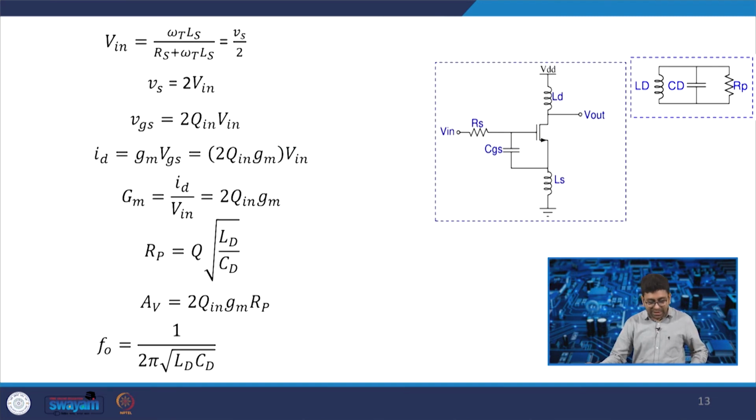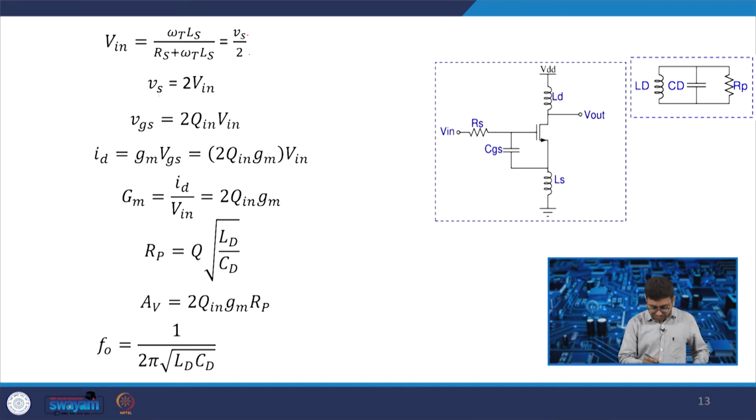So we will get V in, which is again, because there is a resistance division, omega TLS by Rs plus omega TLS. If omega TLS is equal to Rs, it is given by Vs by 2. So you will get Vs equal to 2 into V in.